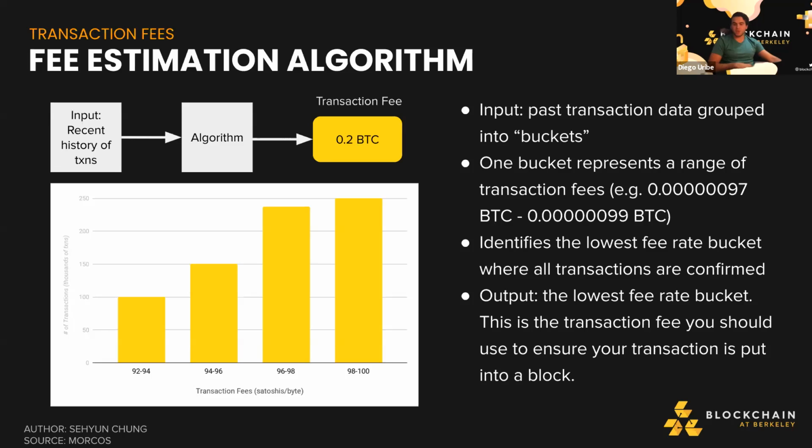So just to repeat that, the algorithm finds the lowest fee rate bucket where all the transactions were confirmed within the specified target, and also checks that all the fee rate buckets with higher transaction fees were confirmed within that target. So this is essentially how a fee estimation algorithm works. I'm going to move on because we have 15 minutes.